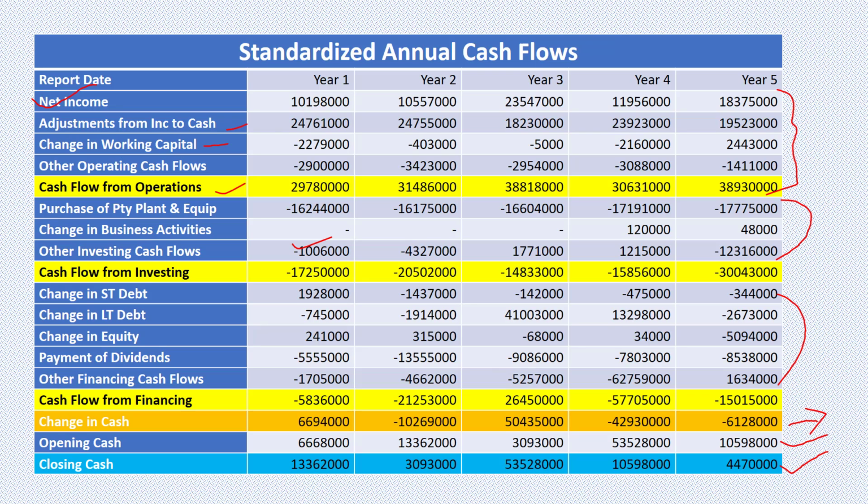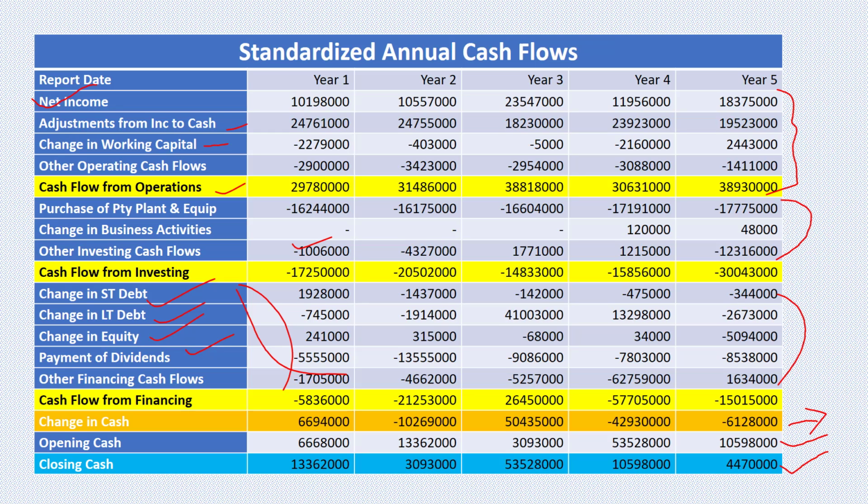Then it records all the cash flows from financing activities, like change in short-term debt, change in long-term debt, change in equity, and dividends. All that affects the cash flow, and that is what is recorded in the third part of the annual cash flow statement.